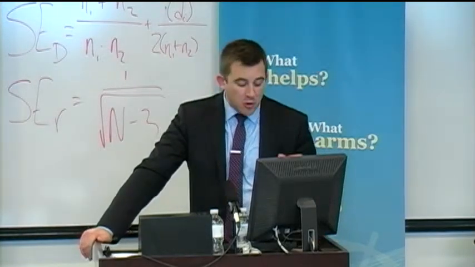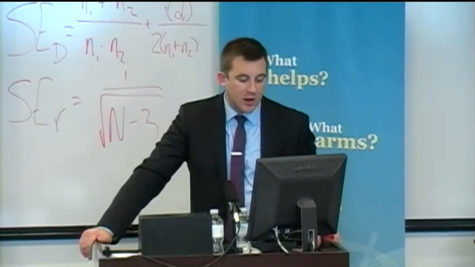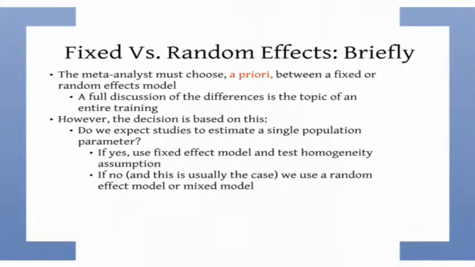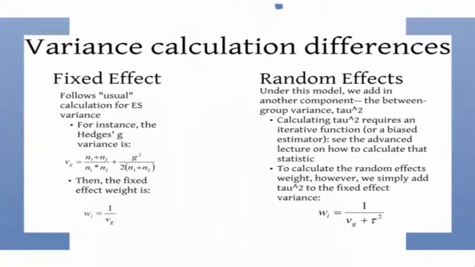And so if you think you're only estimating one single population parameter, you choose the fixed effects model. If you think you're estimating more than one, you're going to choose the random effects model. And so what does that actually do? It changes the weights slightly.